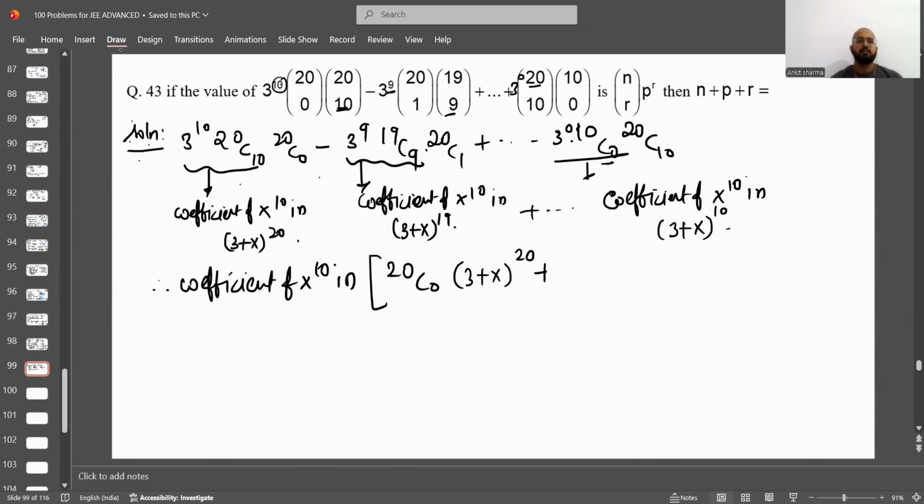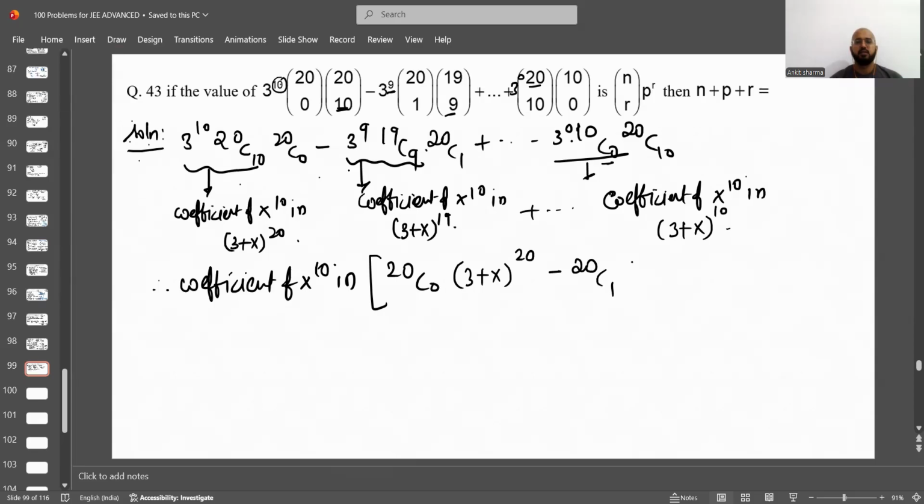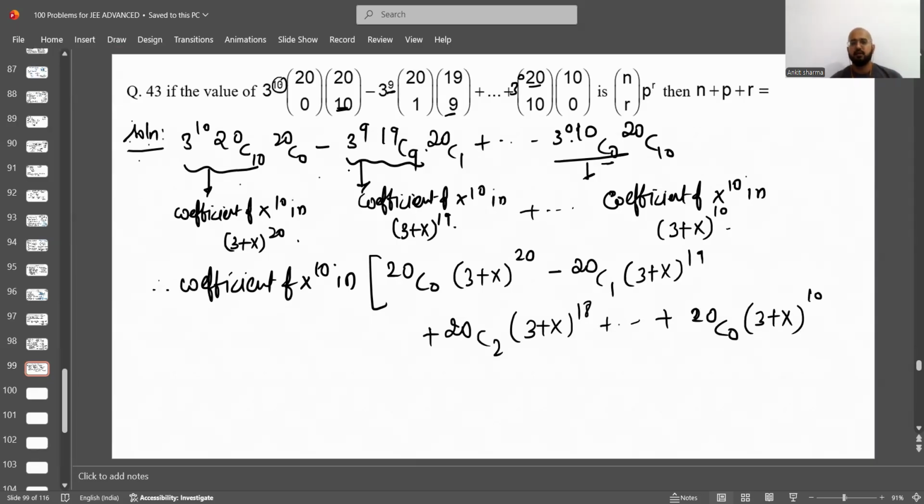And then again minus, so we have here 20c1 into (3+x)^19. Then plus 20c2 into, of course, (3+x)^18 would be there. And this journey would go on up to last, which is 20c10 into (3+x)^10.